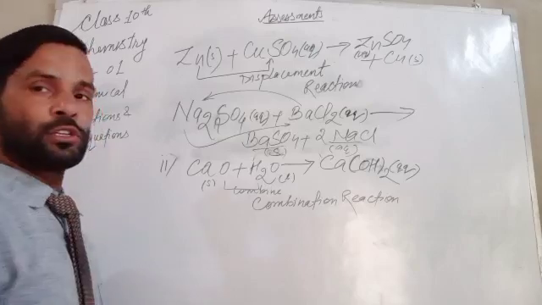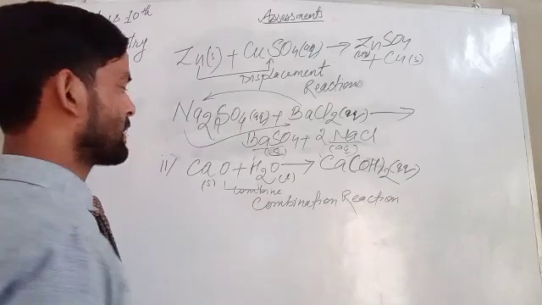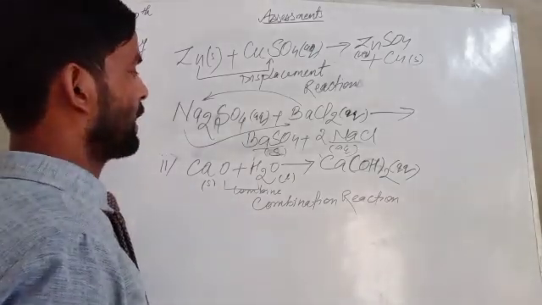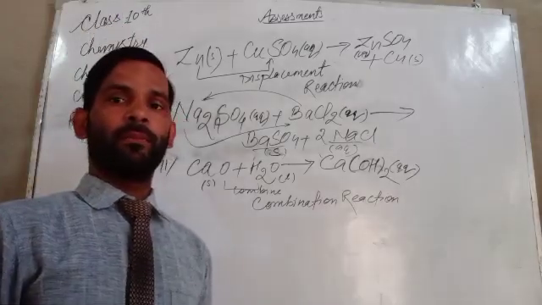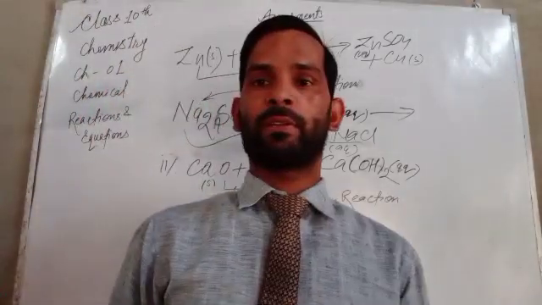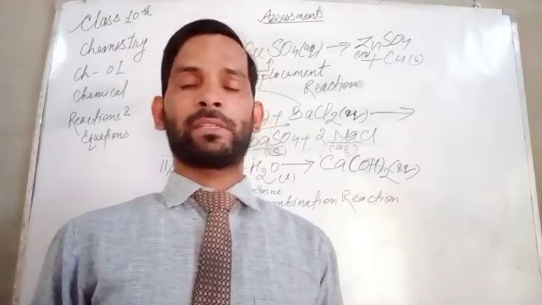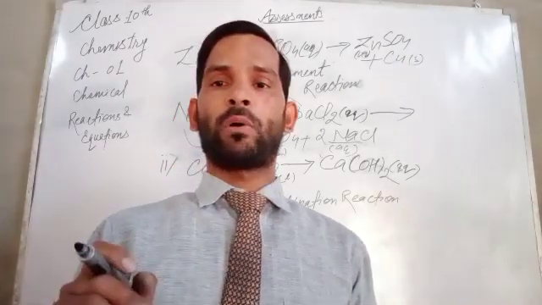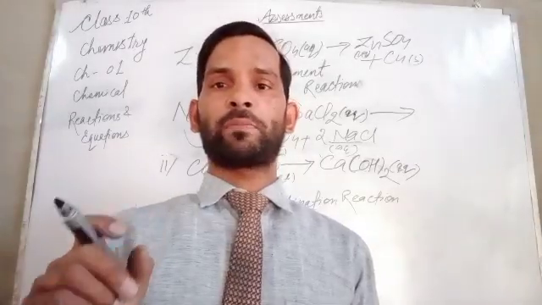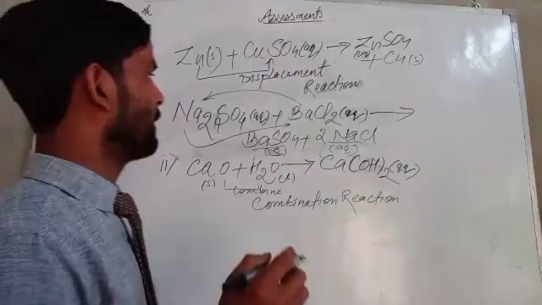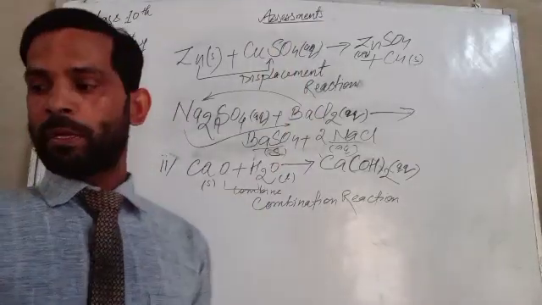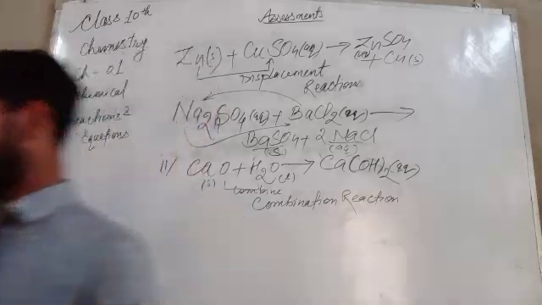So here are two displacements we can see in the case of barium chloride and sodium sulfate. Two displacements happen at a single time. So that one is called a double displacement reaction.